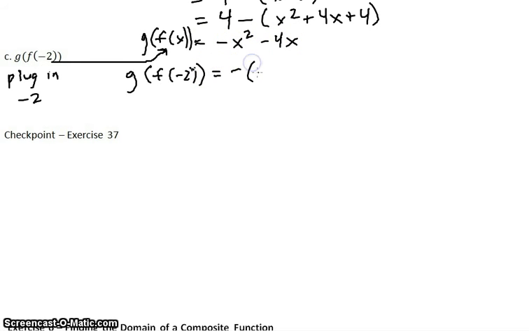So a negative 2 squared minus 4 times negative 2, which equals negative 4 plus 8, which equals a positive 4. Now there's an alternate way to do this, and I'm going to show you how you do this from a graphical standpoint in the book when we go through some of this in class. But this is how you define certain things, and this is how you evaluate them after you define them.